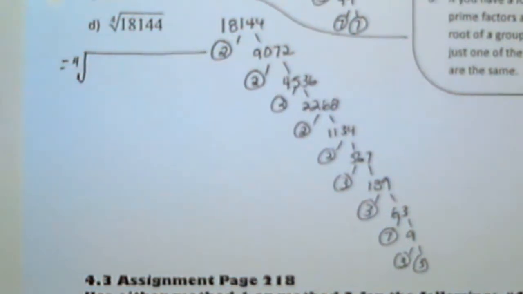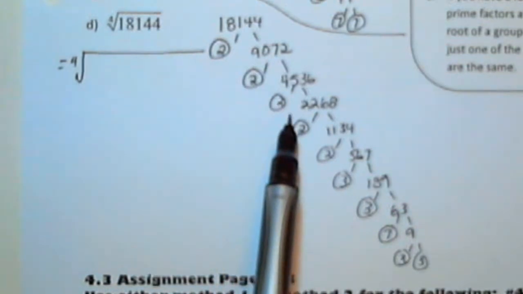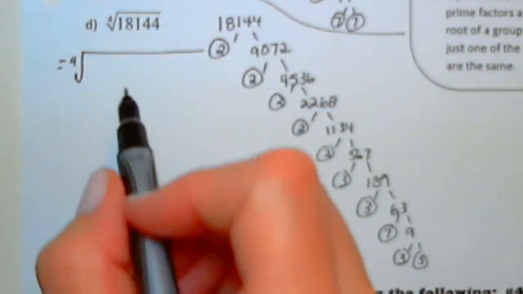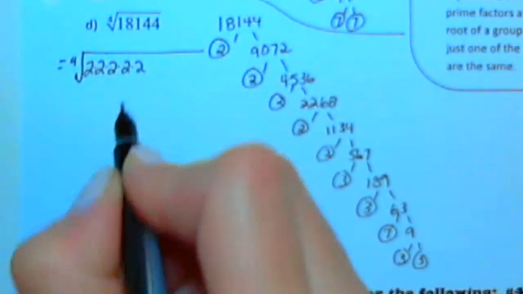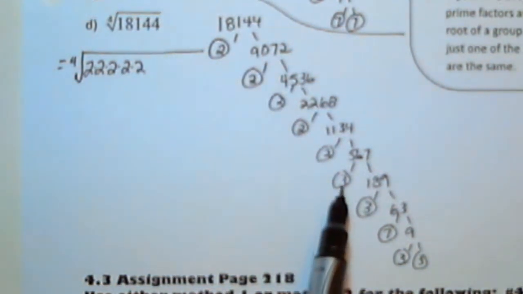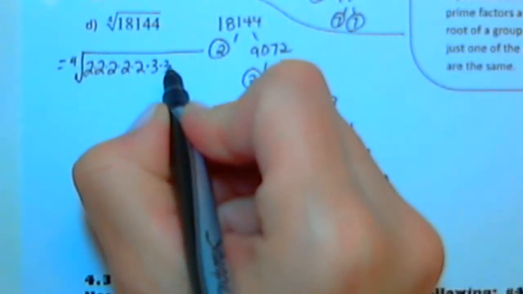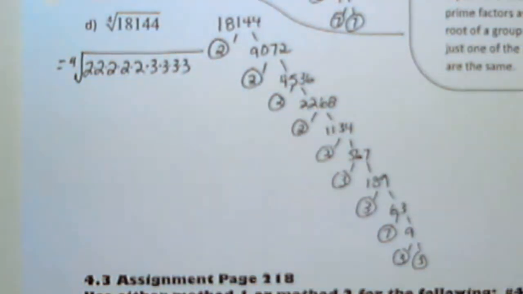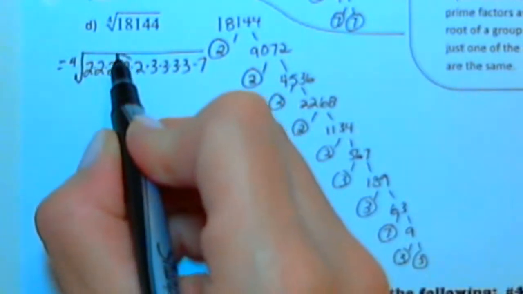So what is 181.44 written as? 5 2's, and 4 3's, and a 7. It's a 4th root, so we're looking for groups of 4. So 1, 2, 3, 4.